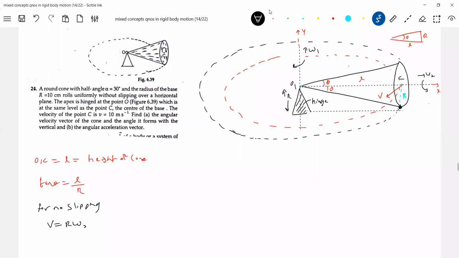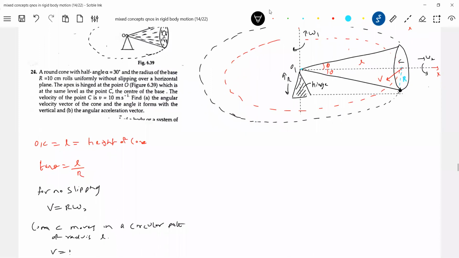Then it is also rotating about the y-axis. Then V will become the tangential velocity. The center of mass C will move in a circular path of radius L. Do you agree? So therefore V is equal to L omega 1.